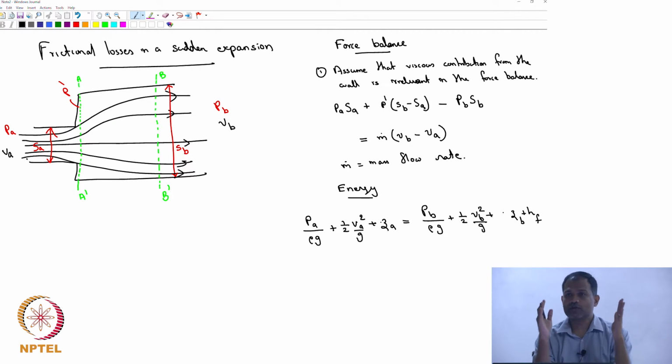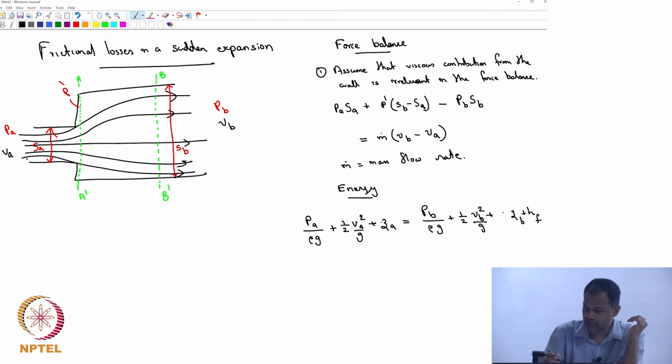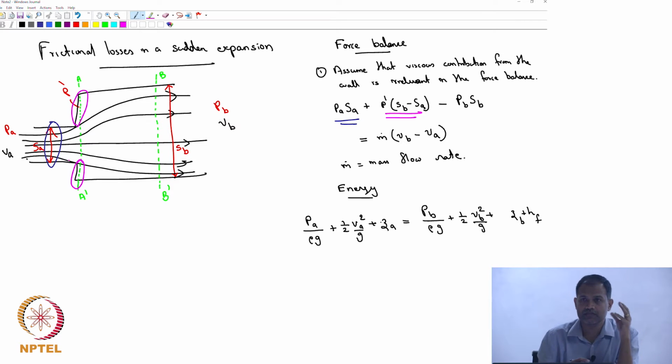So we are looking at the total force exerted in the flow direction. So it's just pressure times area. So you have this coming from that part, and this is coming from this part.